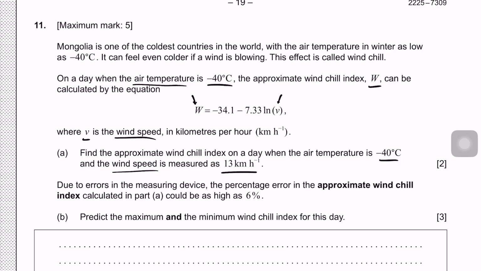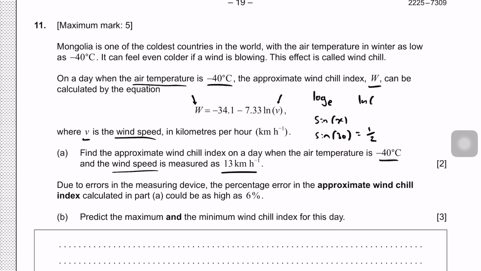Ln is a special type of log, log base e. But ln, like log, is essentially just a function, just like sine x or cos x. Sine and cosine are functions. So what do we do with, let's say, sine x, for example? If we put in sine 30, well, we get an output of 1/2. So this is the same for ln.